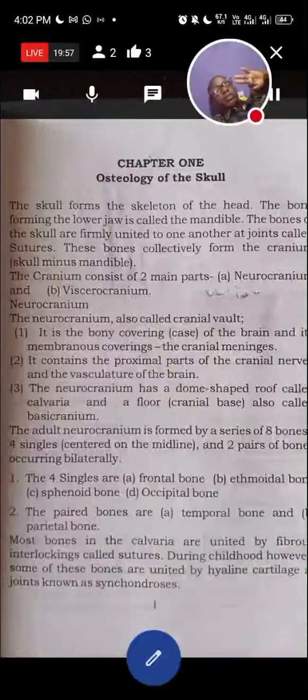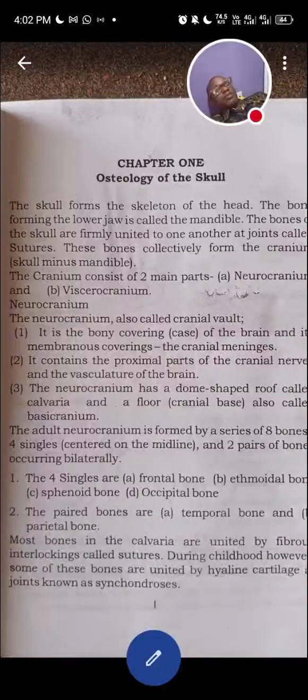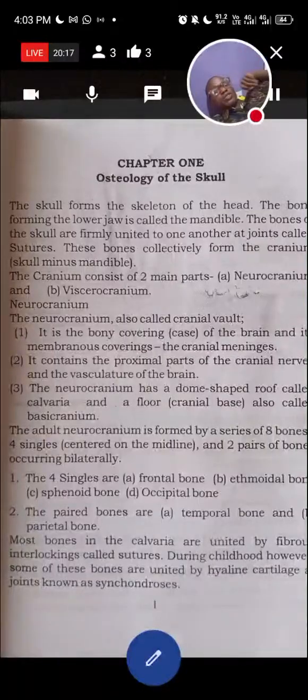Three things. Number one, it is the brain bony covering. Proximally, it contains the cranial nerve and the vasculature of the brain. Those are the three characteristics.